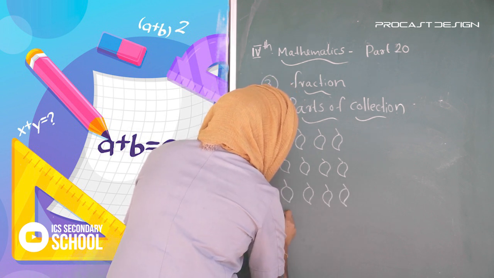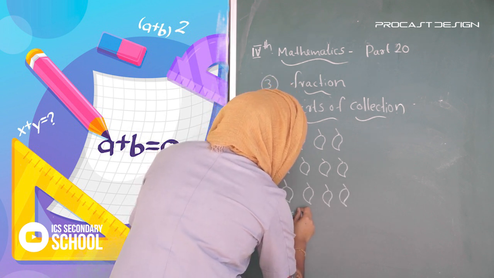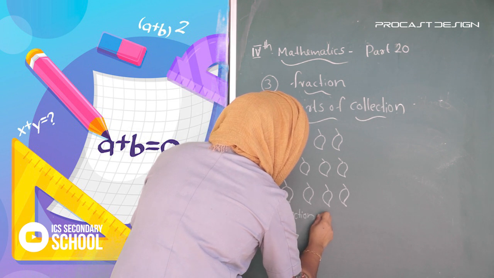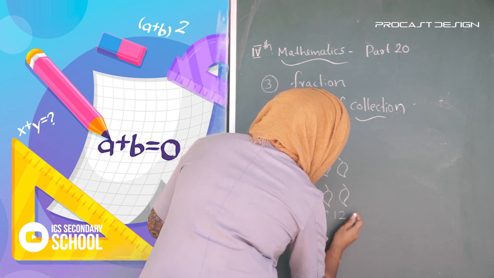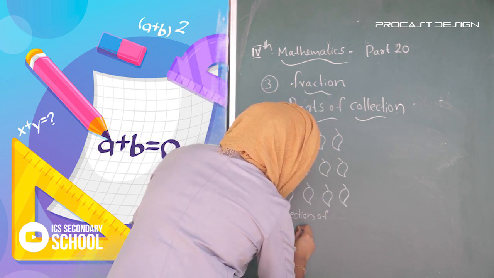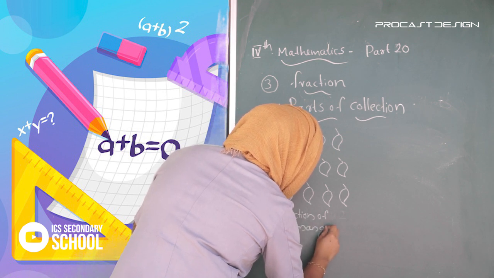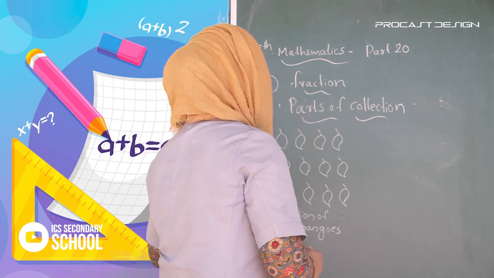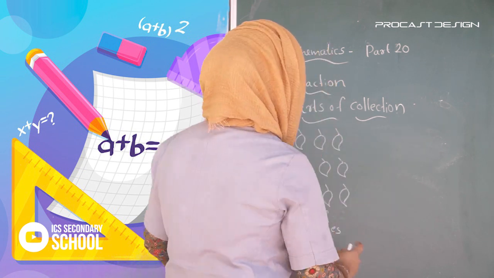One collection of 12 mangoes. Next we have to find out 2 by 3 of the collection of 12 mangoes.